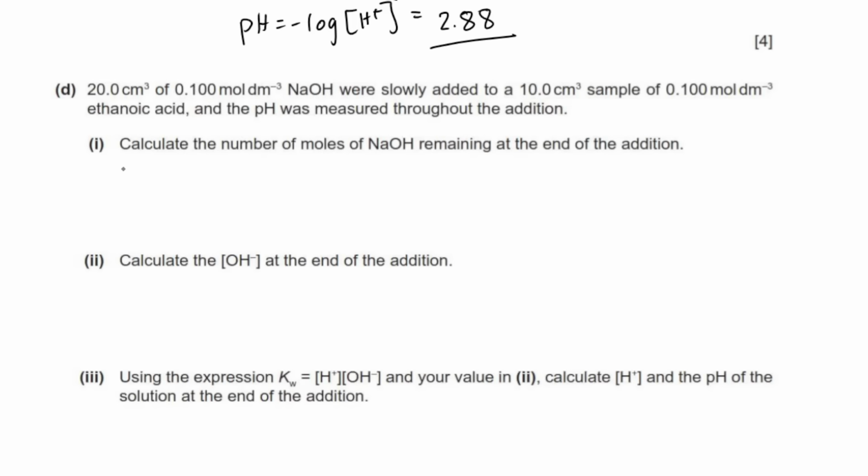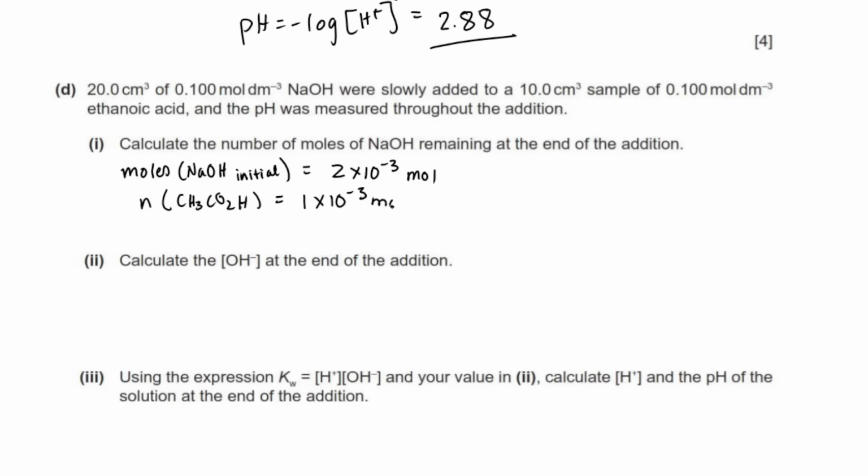So to proceed, let's first find the moles of NaOH initial, which is 2 times 10 to the power minus 3 moles, and the moles of ethanoic acid, which will be 1 times 10 to the power minus 3 mole.